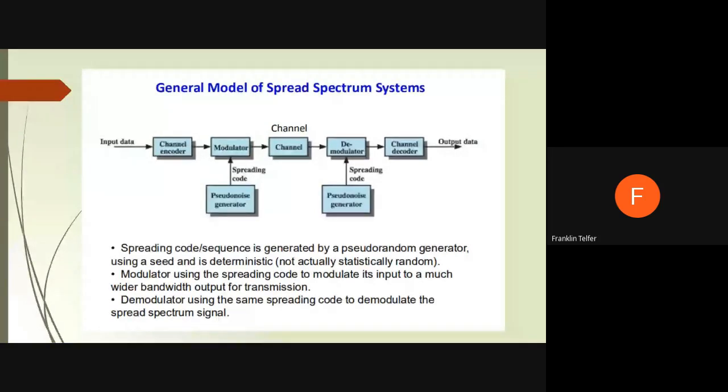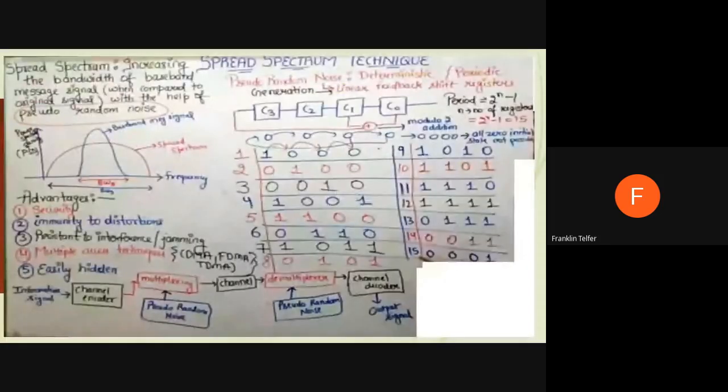So this is what we have seen. We have talked about what spreading means, how it relates to bandwidth, and its advantages. We have seen how the PN sequence is generated randomly using shift registers and a modulo-2 adder.